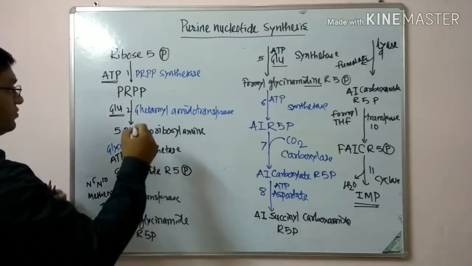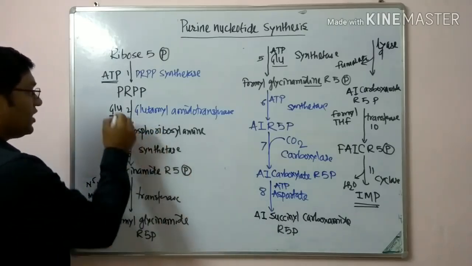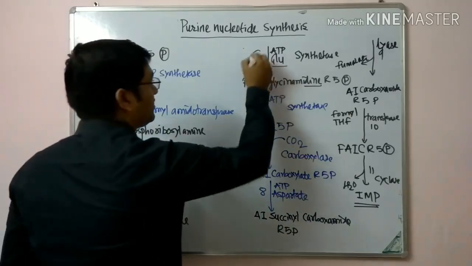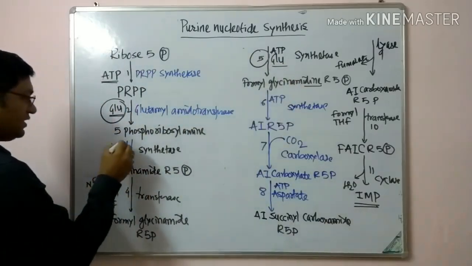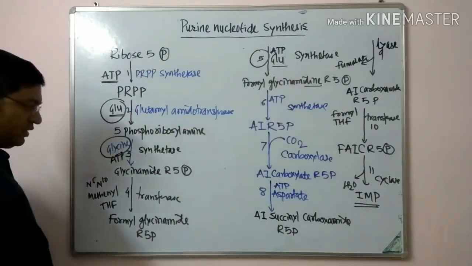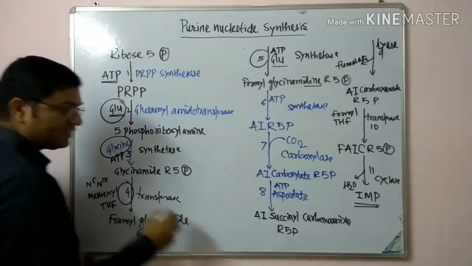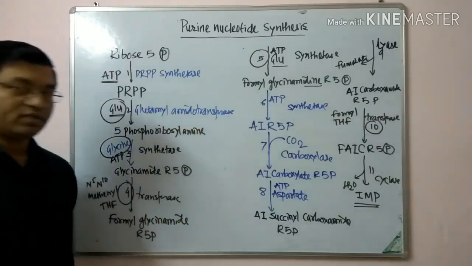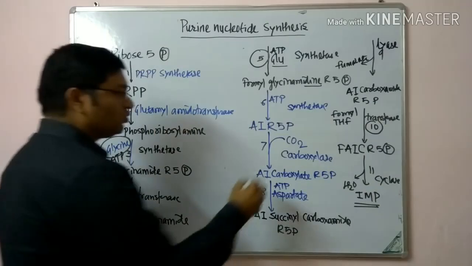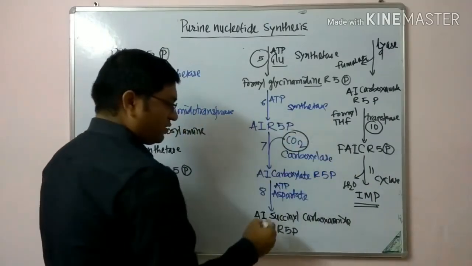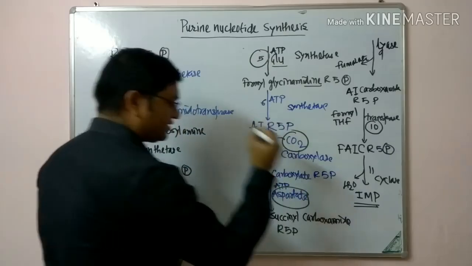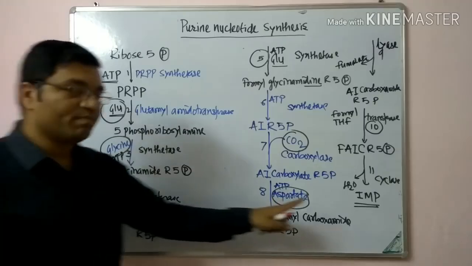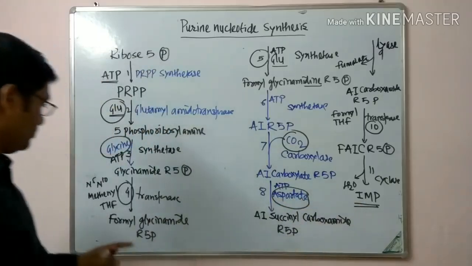Then there is glutamine in the second step and fifth step, glycine in the third step, tetrahydrofolate in the fourth and 10th step, CO2 in the 7th step and aspartate in the 8th step. So this is how you can remember the pathway of IMP synthesis.